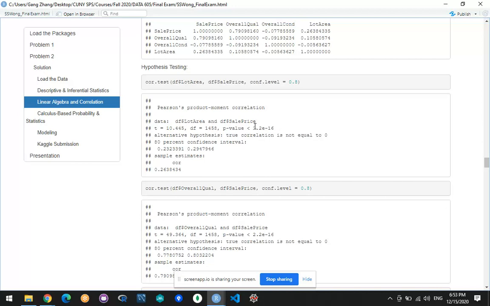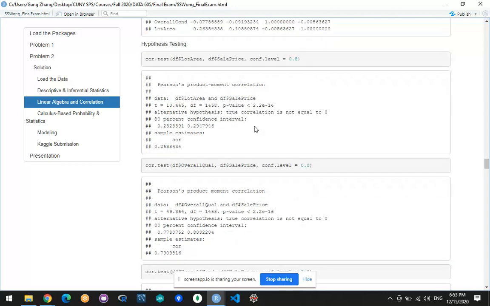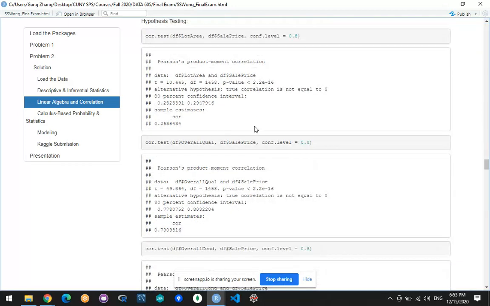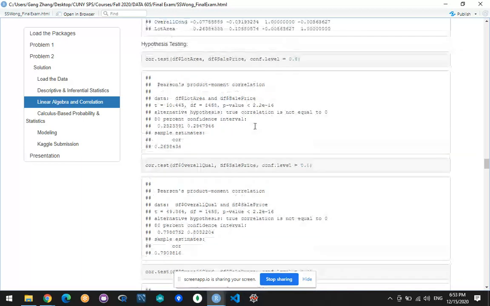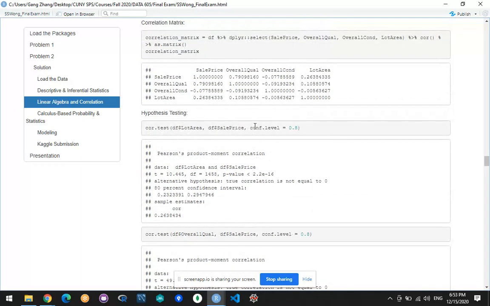Therefore, we can reject the null hypothesis, and we can say that changes in the predictor's value are related to changes in the response variable. Of these three variables, overall quality has the strongest relationship with the sale price.